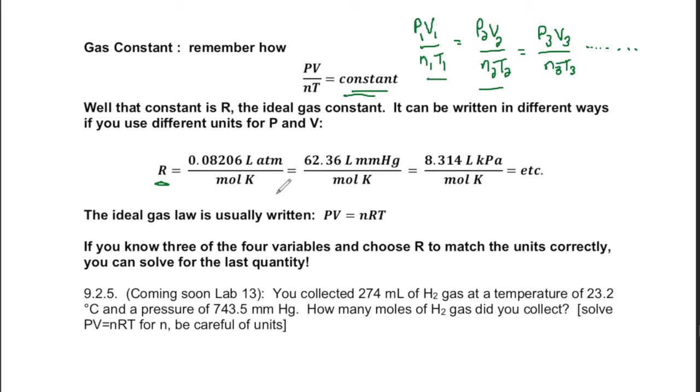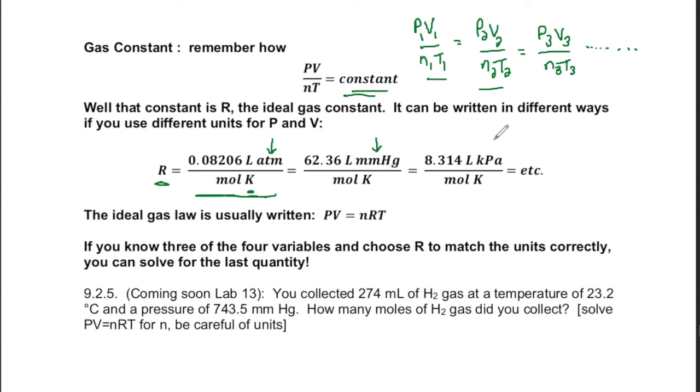So this is a common one that you will see a lot, especially when you use atmospheres as the pressure. This is when we have liters and atmospheres for the volume and pressure units, and then moles and Kelvin are pretty typical for the amount, and Kelvin is really required for the temperature. So the moles and Kelvins on the bottom is always the same, and then we have different ones depending on whether you are using millimeters.